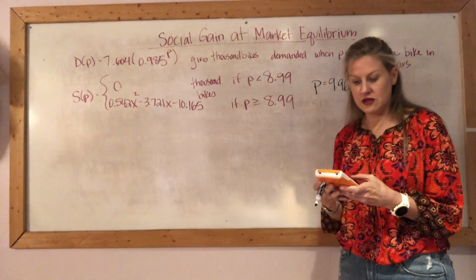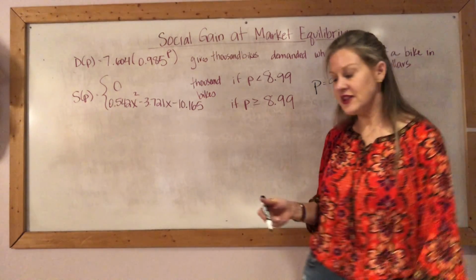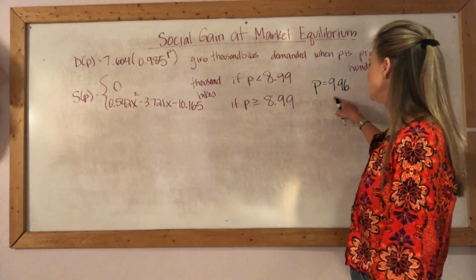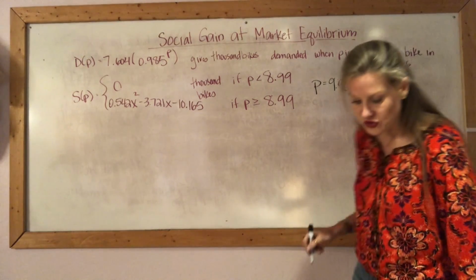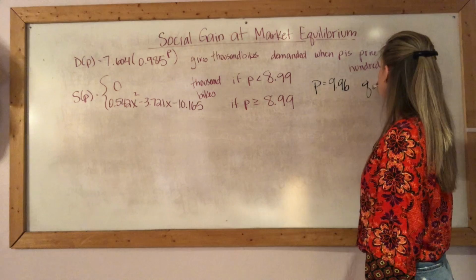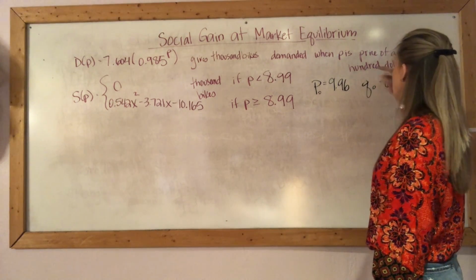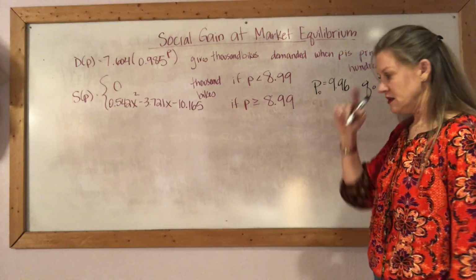So I could go to my table, which is what I usually like to do, and I get that when the price of a bike is $9.96 $100, then 6.54 thousand bikes will be demanded.